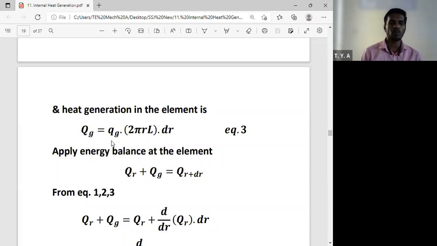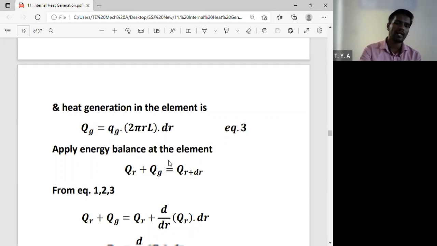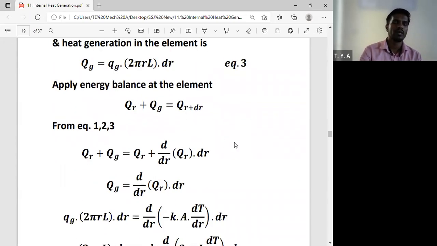Okay, so in that form we have to write down the energy balance equation, that is QR plus QG is equal to QR plus DR. Write down the energy balance equation, QR plus QG is equal to QR plus DR. Okay, so in this equation we have to put the value of QR plus DR. So what is the value of QR plus DR, that is QR plus d by dr into QR into dr.